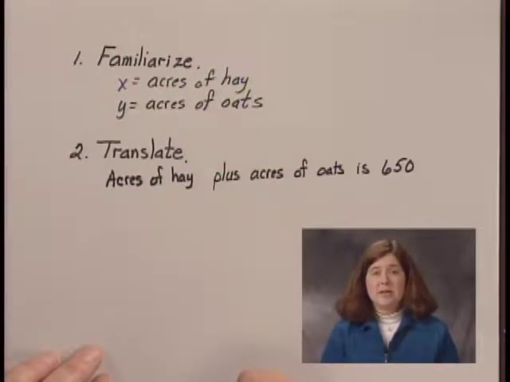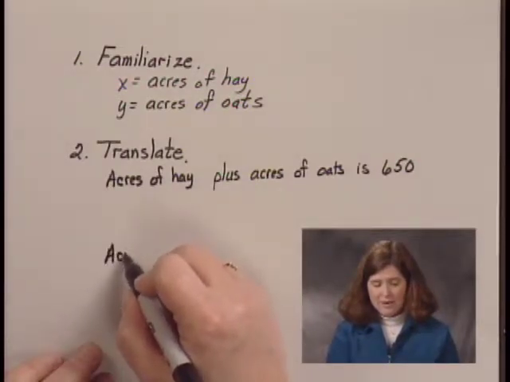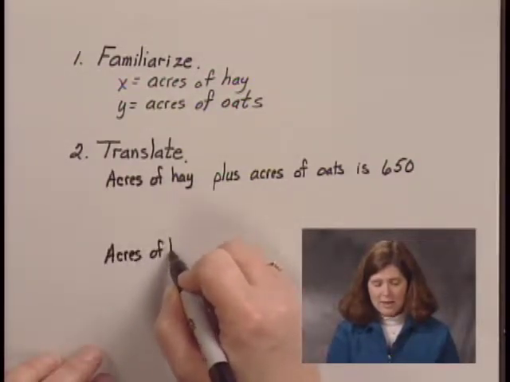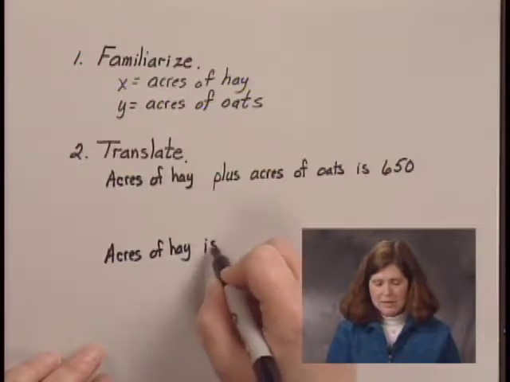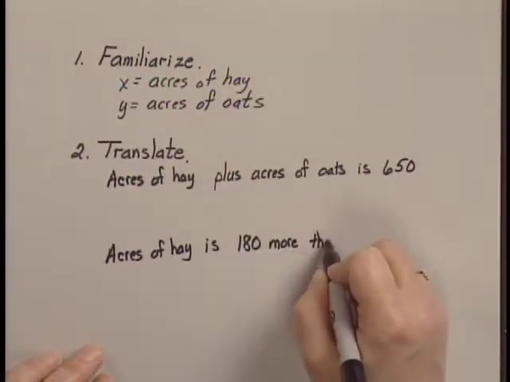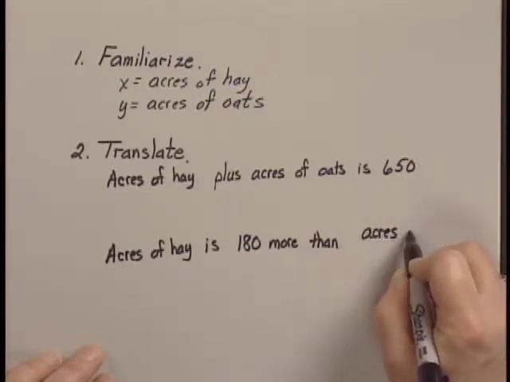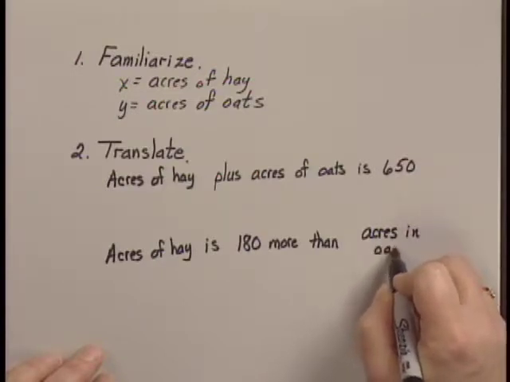It was also stated that the acres of hay should be 180 more than the acres of oats. So I'll rewrite it like that: the acres of hay is 180 more than the acres that are planted in oats.